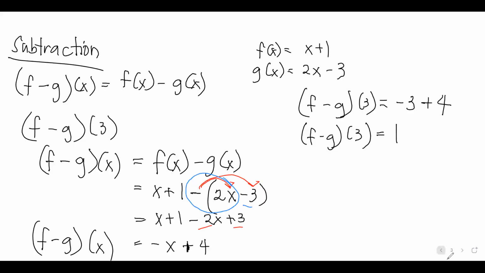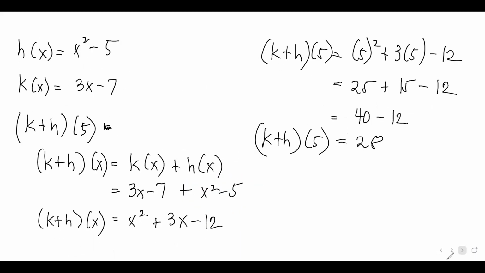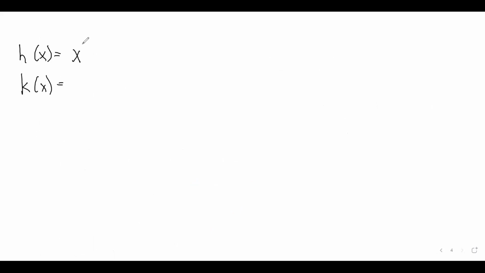Ang h of x natin is, ayan, x squared minus 5. Ang k of x natin is 3x minus 7. Okay. So, hahanapin ko na rin si k minus h of 2. Ayan. O, ano unang gagawin, class? Ano, sir?